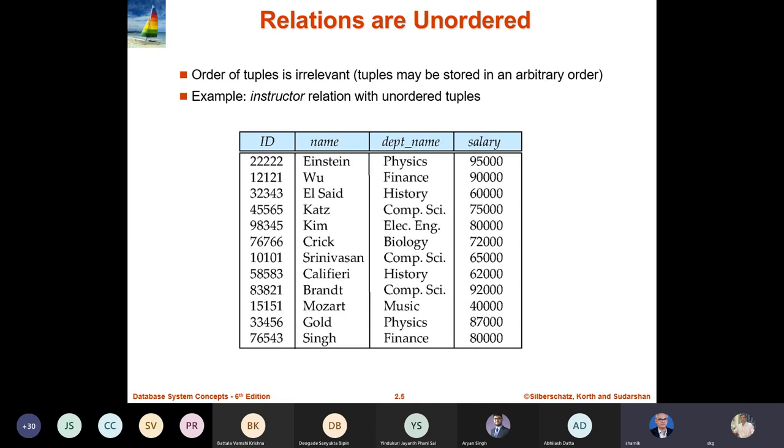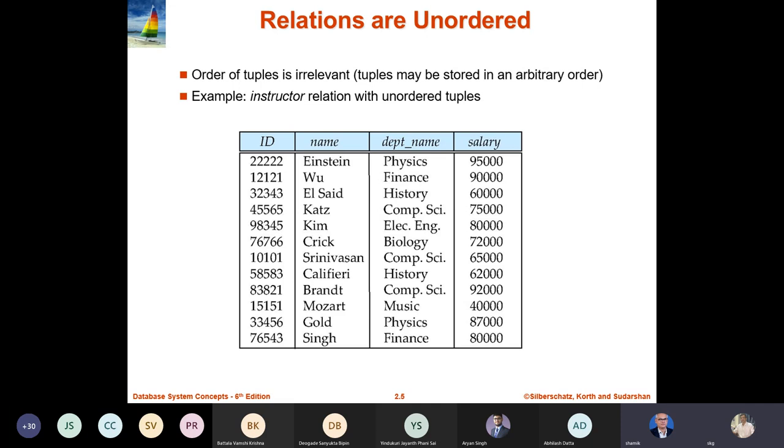So ID, name, department name and salary together make a unique thing, absolutely, because there is no repetition of any tuple. But that may not be an elegant way. You may say that the ID is also not repeated, so ID can be there, ID and name can be there, right?